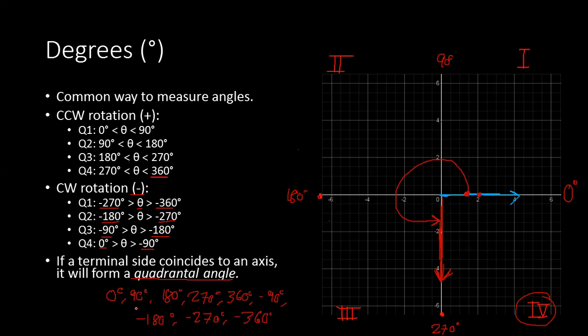But remember, these are not the only angles that act as quadrantal angles, okay? There are actually more, beyond 360 degrees, all right? So we will discuss that later, or maybe in the next video.